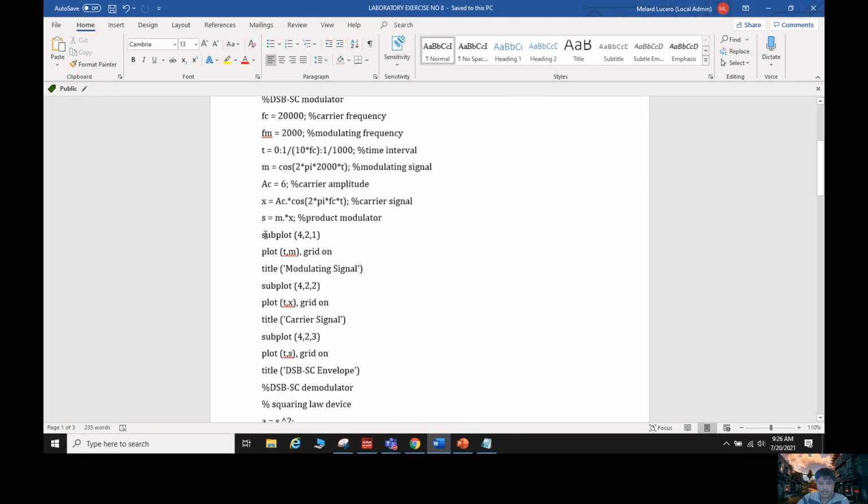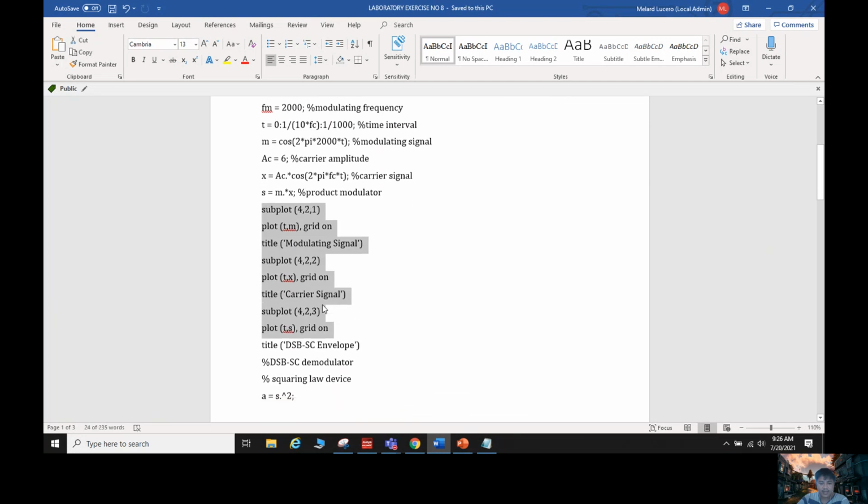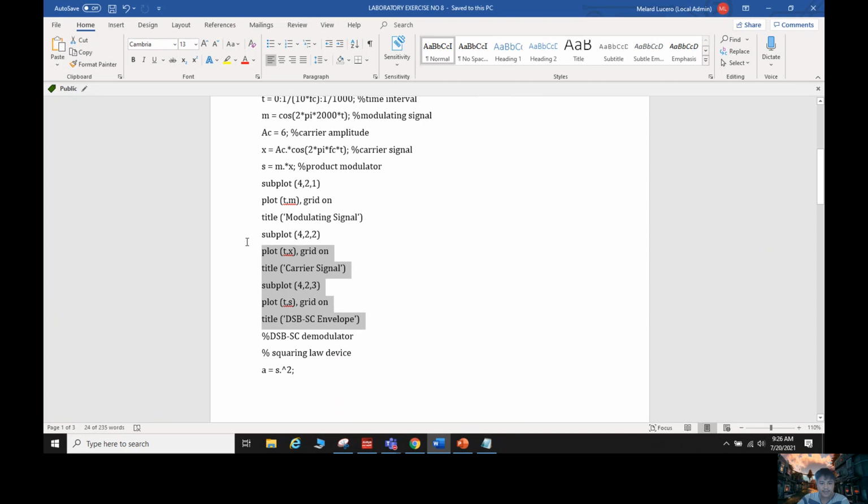The next one here is the subplot for that. We have here subplot 4, 2, 1. This clearly shows that we have 4 rows and 2 columns, and this shows the position. For the first plot, we have the title modulating signal.